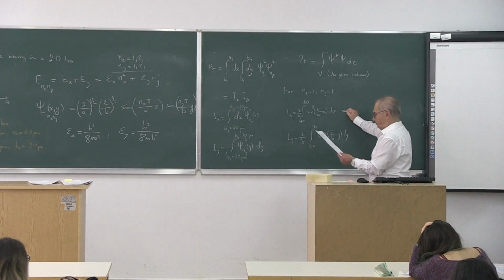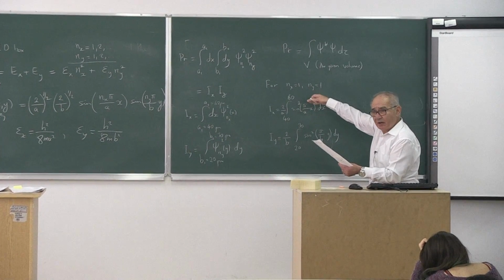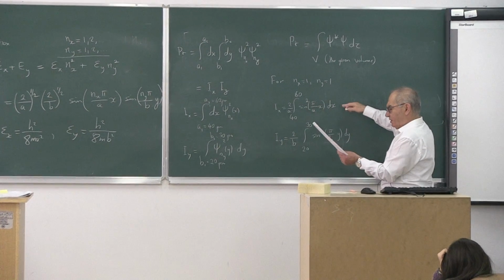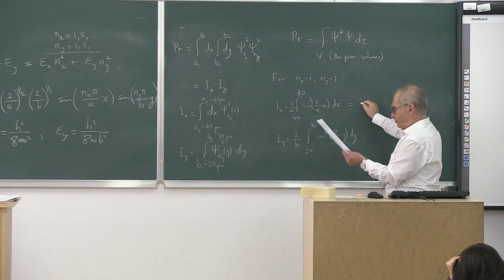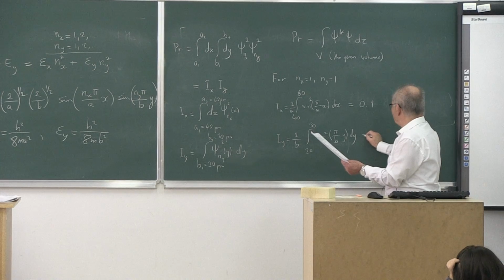And we have to do the integration and then put the limits and then multiply the constants. For n equals 1, for both of them, I found 0.1. For this one also 0.1.